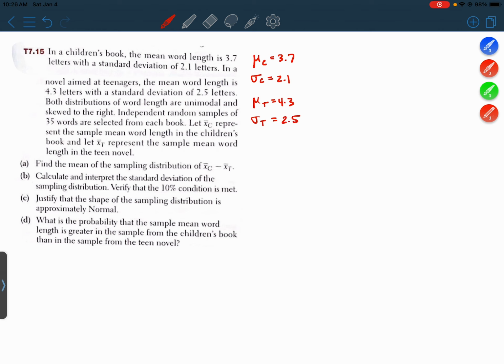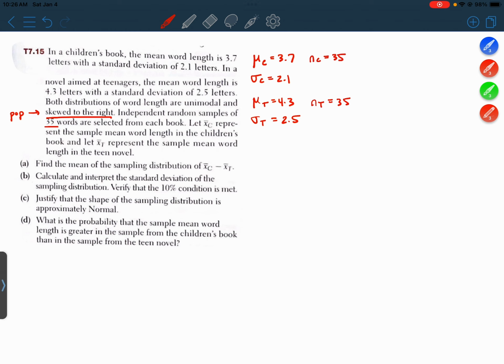Now it's important to note that both of the populations have skewed right distributions, but we're taking random samples of 35. So we can write NC equals 35 and NT equals 35. And that's important, right? Because 35 would be considered sufficiently large, meaning that our sampling distribution will be approximately normal, even though the population distributions are skewed.